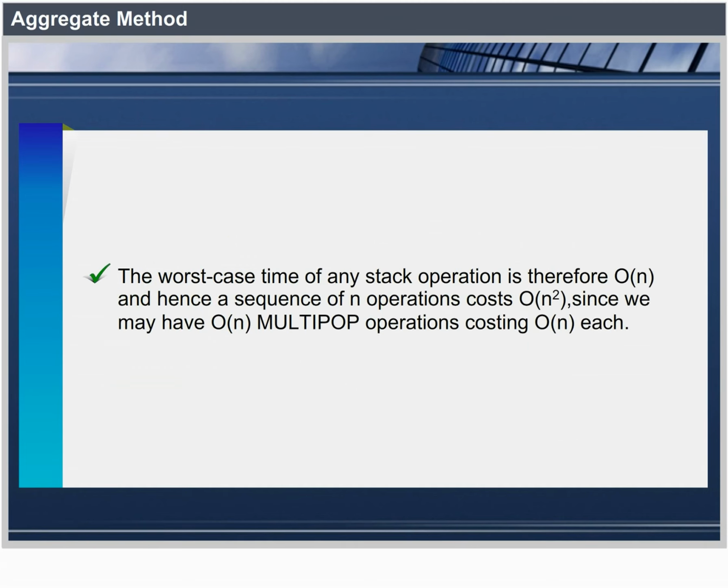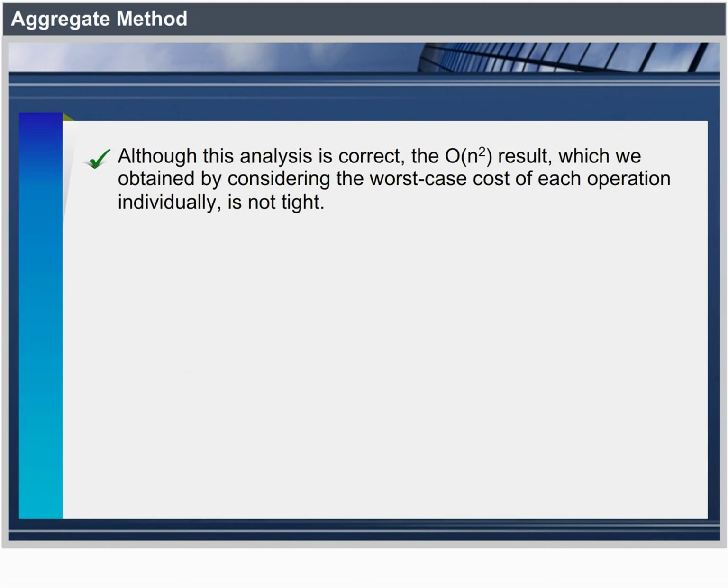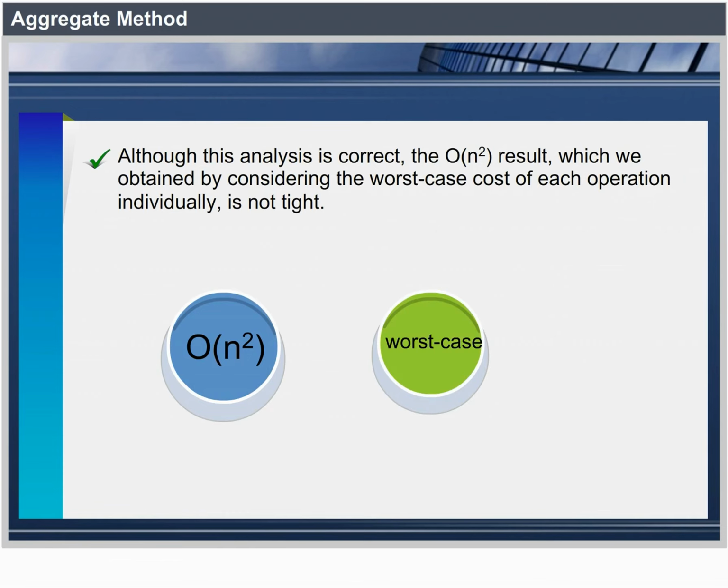The worst case time of any stack operation is therefore big O of n, and hence a sequence of n operations costs big O of n squared, since we may have big O of n multipop operations costing big O of n each. Although this analysis is correct, the big O of n squared result, which we obtained by considering the worst case cost of each operation individually, is not tight.